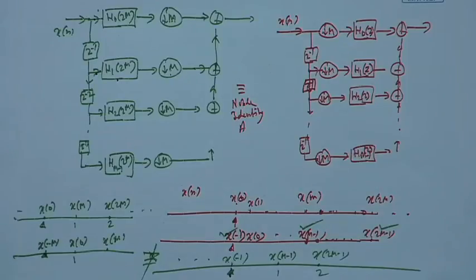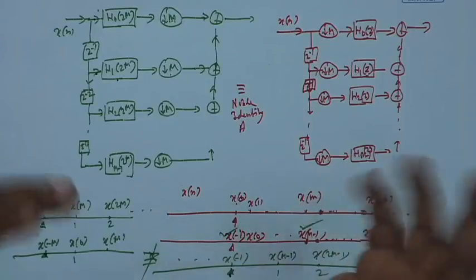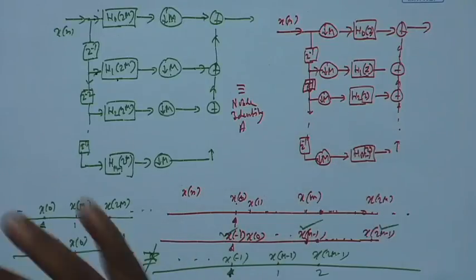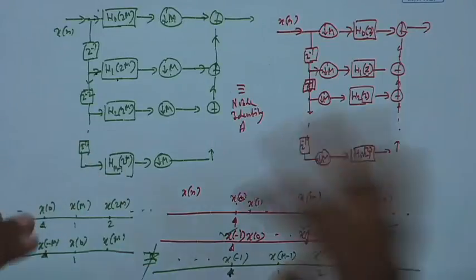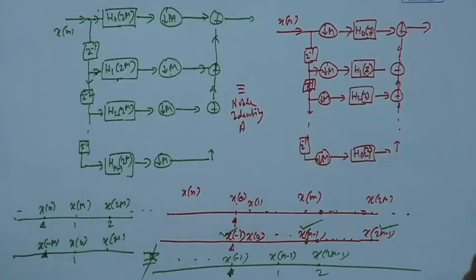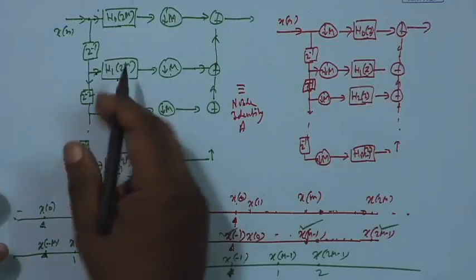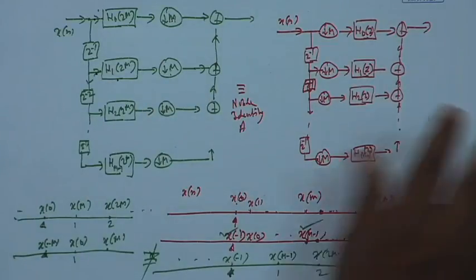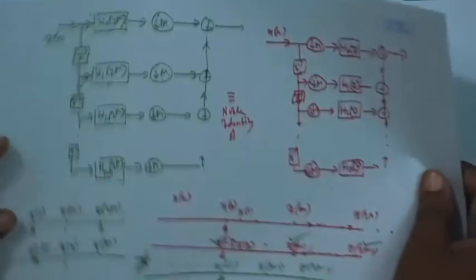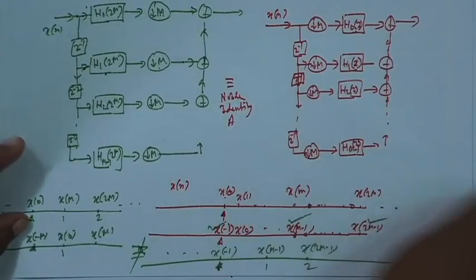The overall transfer function is H1(z) into H2(z), which is the same as H2(z) into H1(z). So you can bring the block H2(z) in front and H1(z) to the right, and still things will be the same. But a decimator is not a shift invariant structure, you can verify, and that is why a decimator and a delay cannot be interchanged. But anyway, this is an efficient decimator structure we have seen, with filters working at a lower rate.